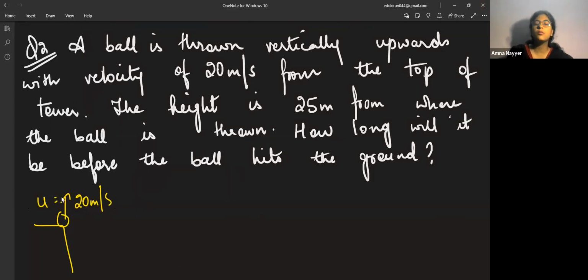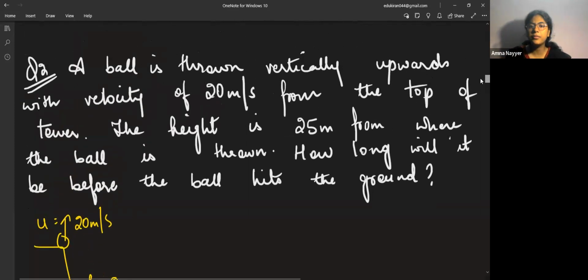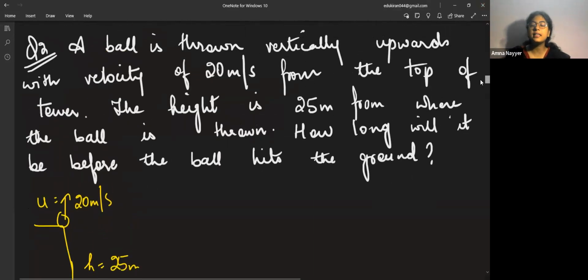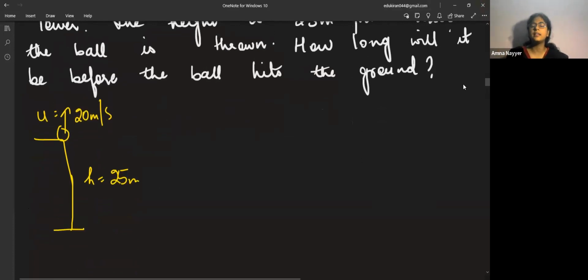This is the initial velocity. The height of the tower this time is given to us. Let's say this was the tower, this is the ground. The total height is 25 meters. This is asking us how long will it be before the ball hits the ground.